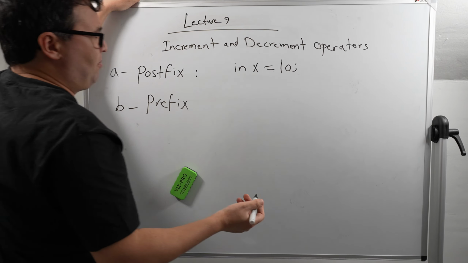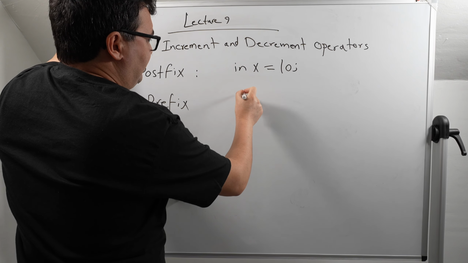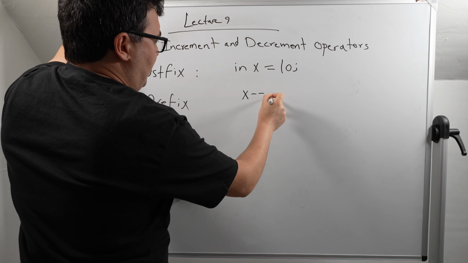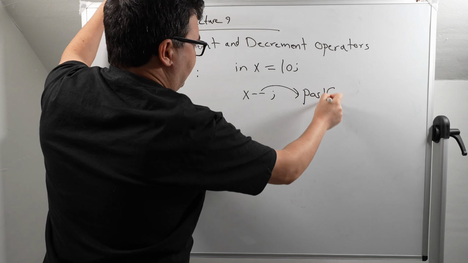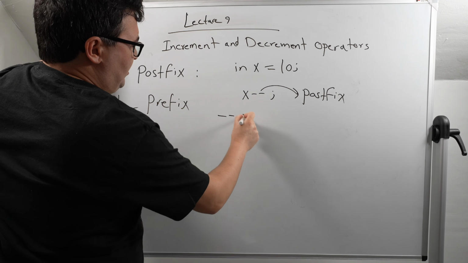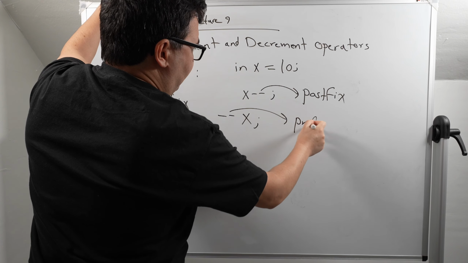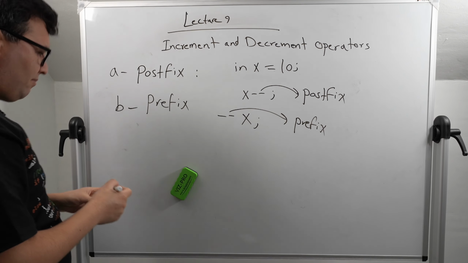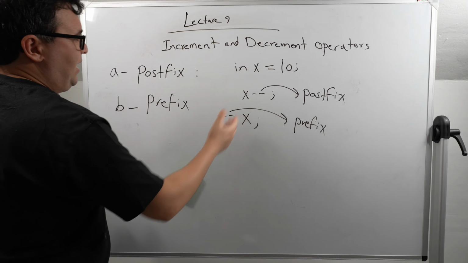For the decrement operator we can also use x minus minus, which is used as a postfix. If we put minus minus x, it's used as a prefix. It decreases the variable x by 1.